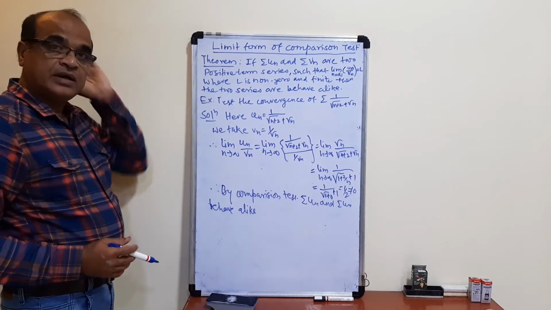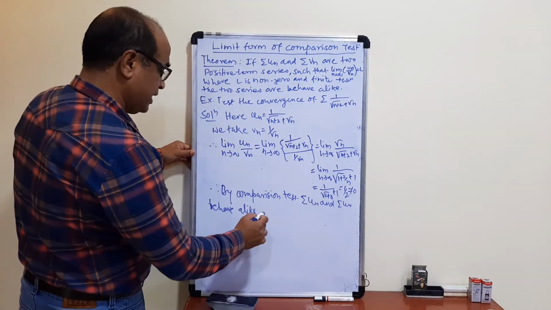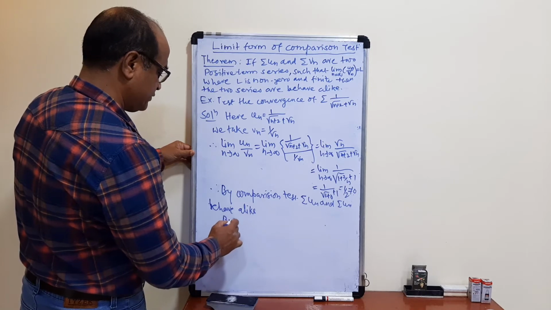So we test here, is it convergent or divergent? We don't know. So what is Vn here?